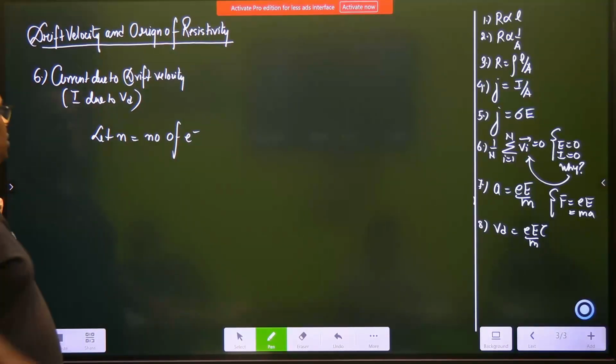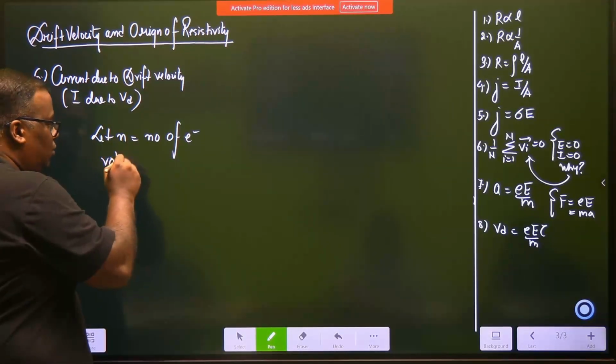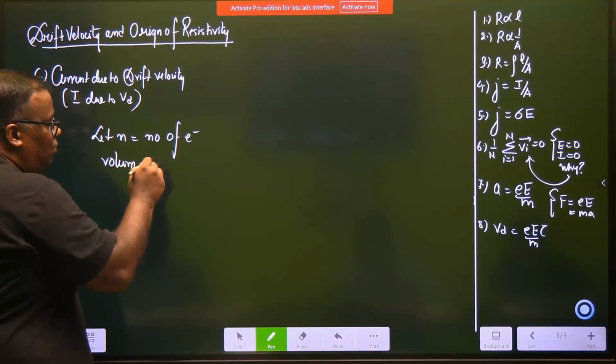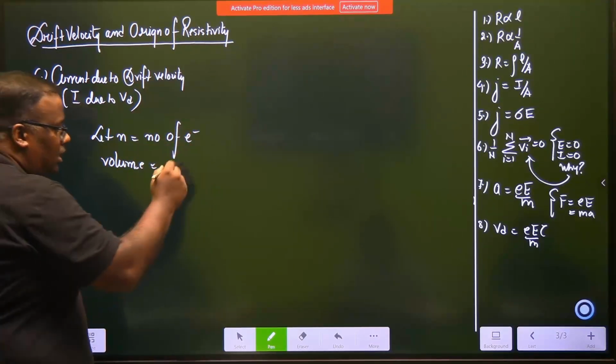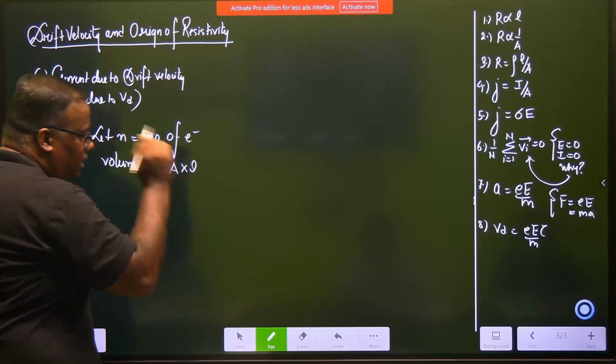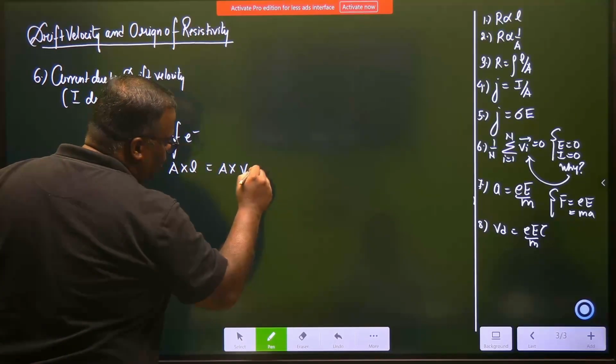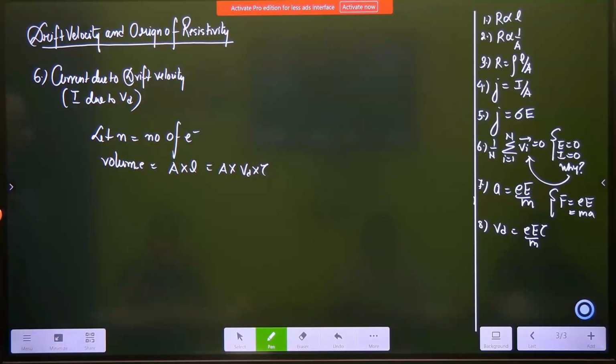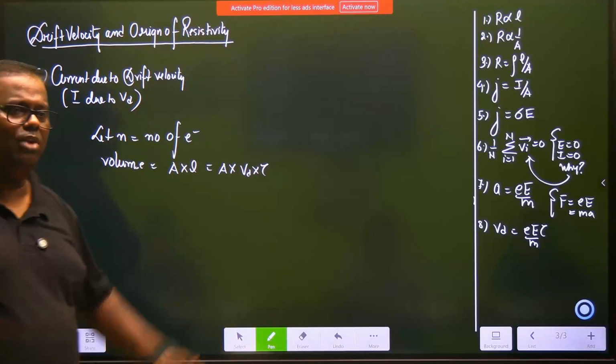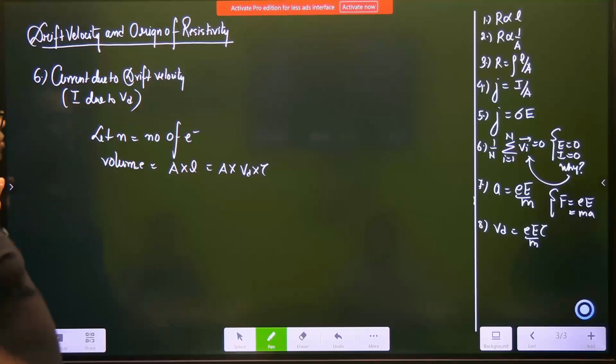Achha. What was the volume that you found? What was the volume of that cylindrical part that was going? The area multiplied by the length, which was the area multiplied by Vd into tau. This was fine, right? So I'm retaining Vd as Vd, but I know Vd's value is E tau by m. This is the volume.